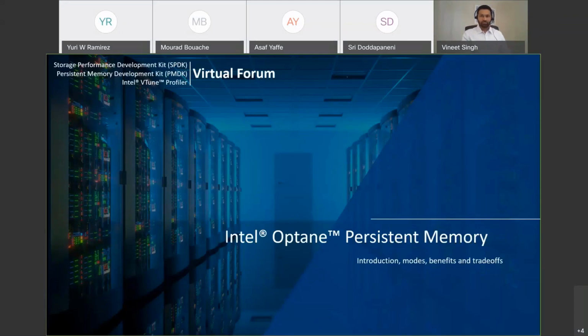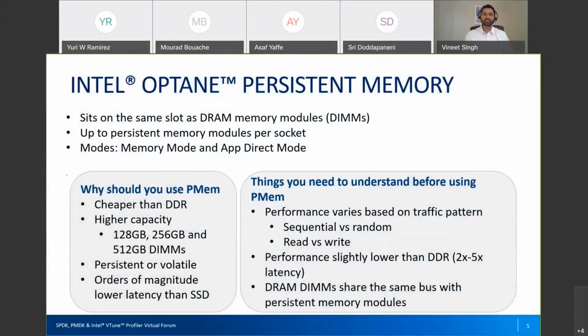Intel Optane persistent memory. The product comes in DIMM form. So basically it's like a DRAM stick. It sits on the same slot as your DRAM memory module, the DRAM DIMMs, where you put the DRAM DIMMs. The same slots are used for PMEM DIMMs as well.